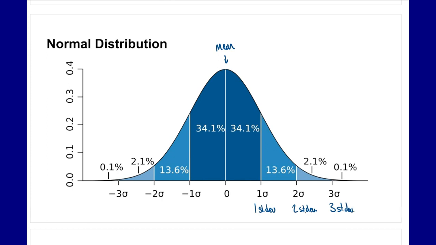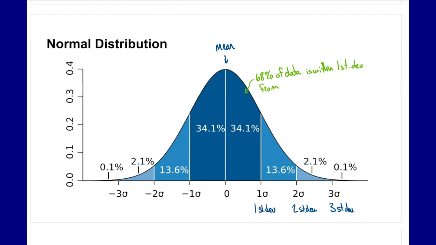So basically what this is showing is what percentage of data is within a certain distance from the mean. In the first part, this shaded area here is saying that 68% of the data that we collected, or whatever the scenario, is within 1 standard deviation from the mean.